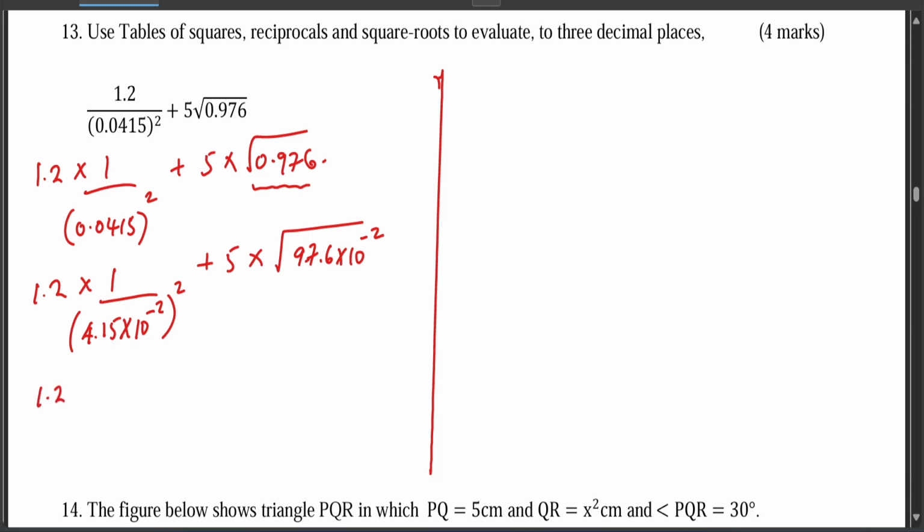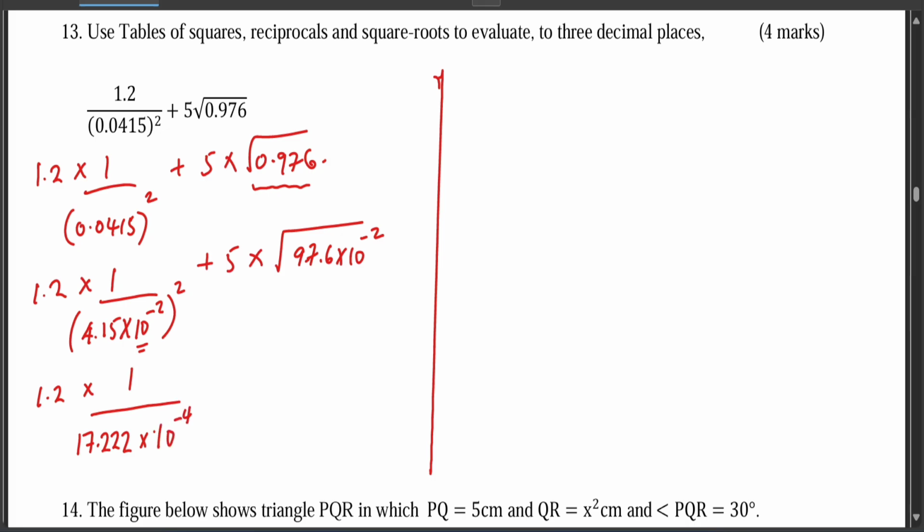So 1.2 times, I don't have the table right now, but you should search in the 4-figure table the square of 4.15. It should give you 17.22, and if you square 10 to the power of negative 2, it gives you 10 to the power of negative 4.